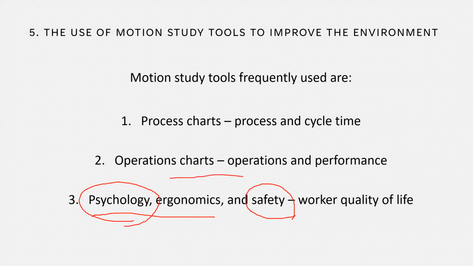Think about it, from elementary school all the way up, it usually is emotional counseling and psychology. But for a manufacturing environment, especially a lean environment, it's always safety. Safety is a big part of the production system, and we usually forget the psychology and ergonomics.